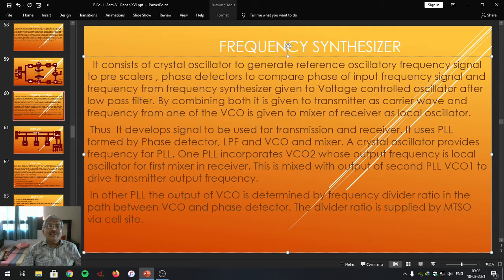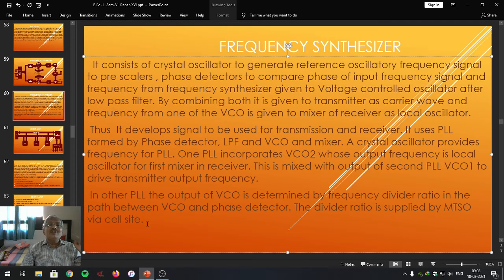In other PLL, the output of VCO is determined by the frequency divider ratio in the path between VCO and phase detector. The divider ratio is supplied by the MTSO via cell site. Look at here. In the cell, there is a MTSO and cell site.